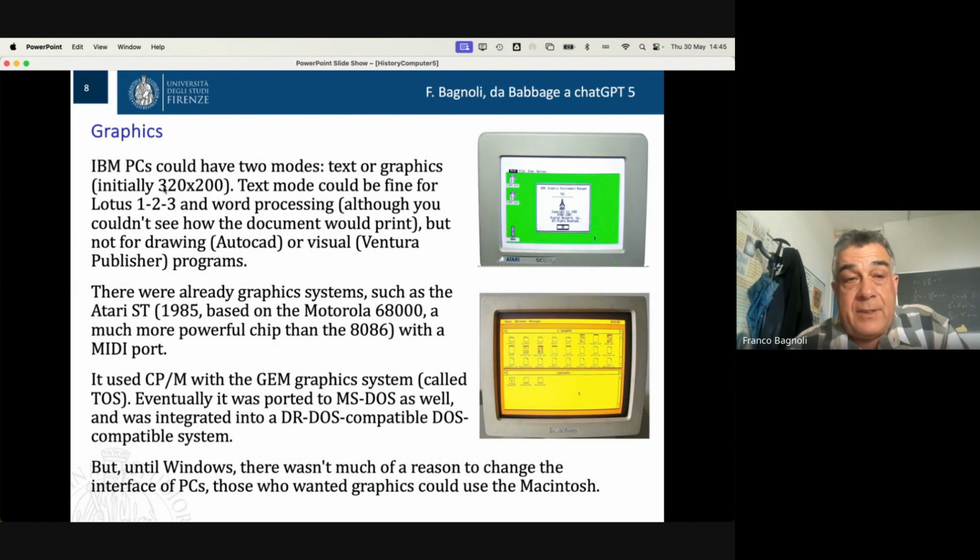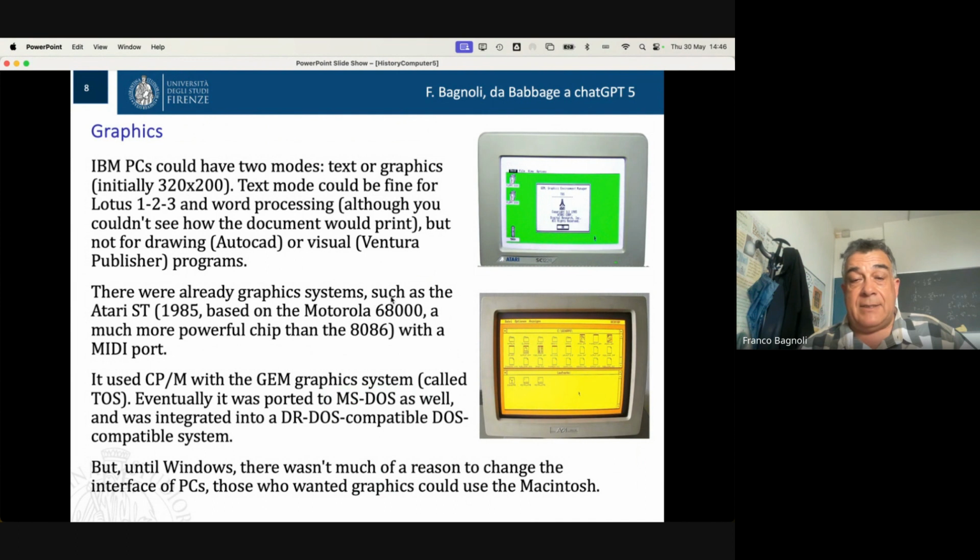And also, the IBM PC could have two modes, text or graphics. The initial resolution was extremely low, 320 by 200 is really very low. And so essentially all applications that were not, say, needing something like real graphics like AutoCAD or Ventura Publisher used the text interface.